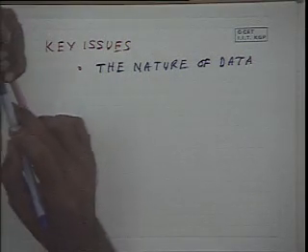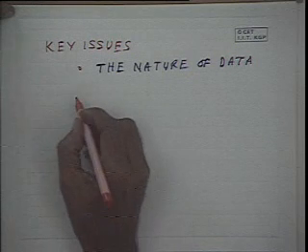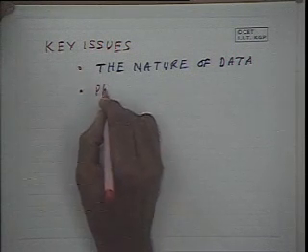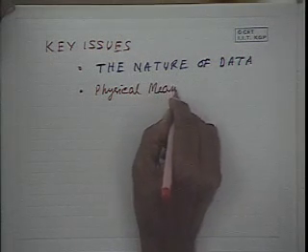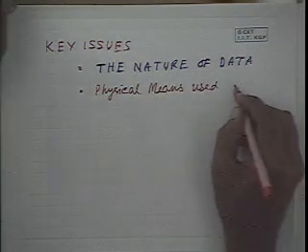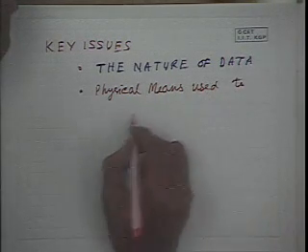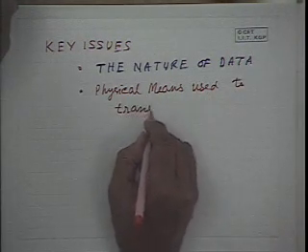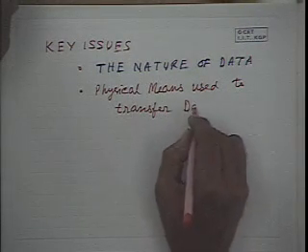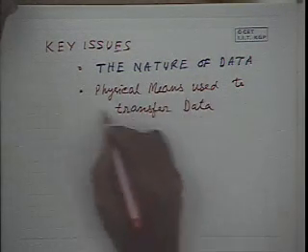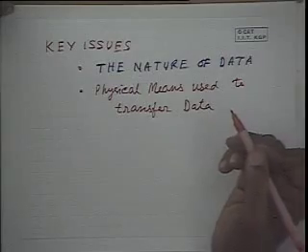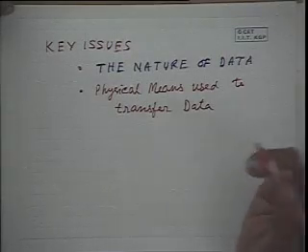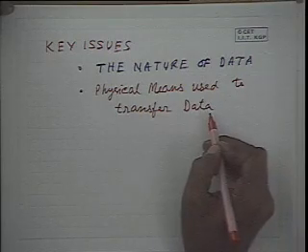Then the second issue is the physical means used to transfer data. We shall see that there exist various types of physical means that can be used, or in other words, we can use different types of medium for data communication.